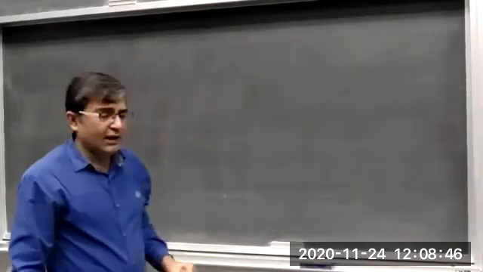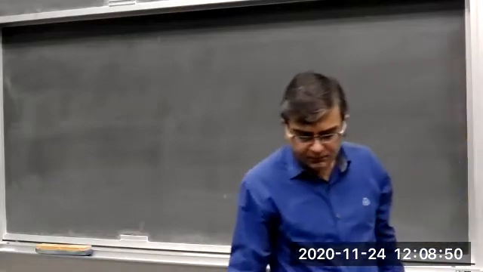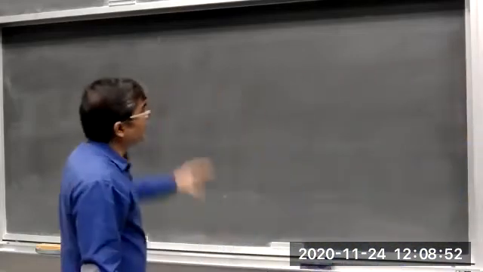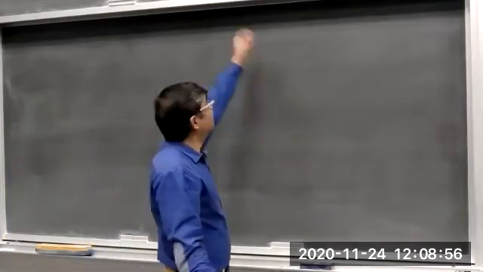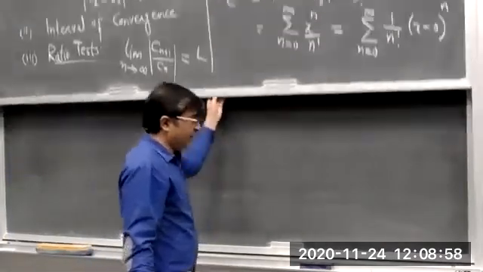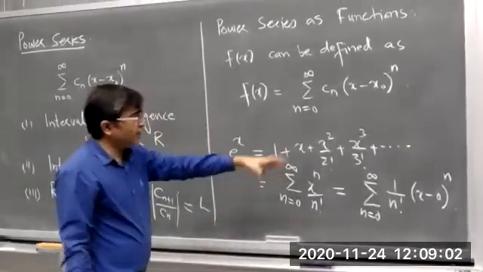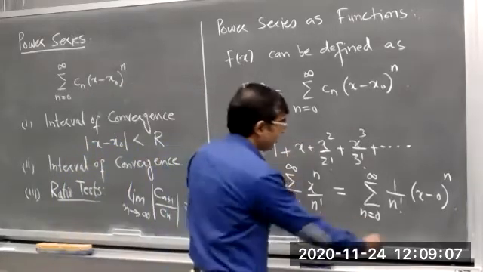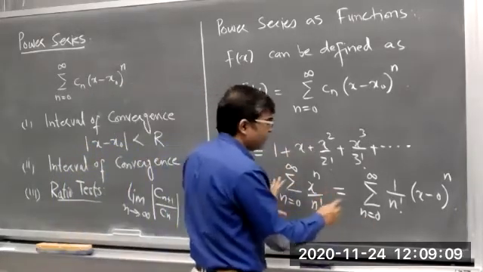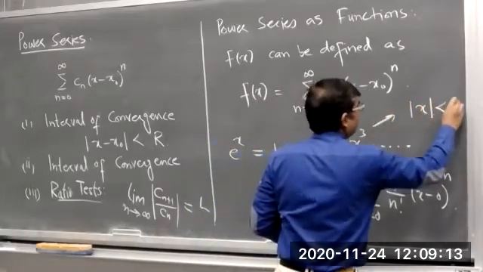So functions can be expressed in the form of a power series, where the domain of the function is basically the interval of convergence of the power series. For example, what is the interval of convergence of this power series? It's the interval of convergence of this power series, what? If |x| is less than 1.